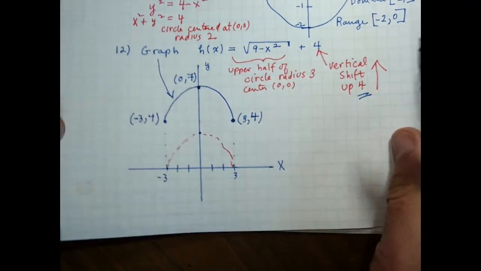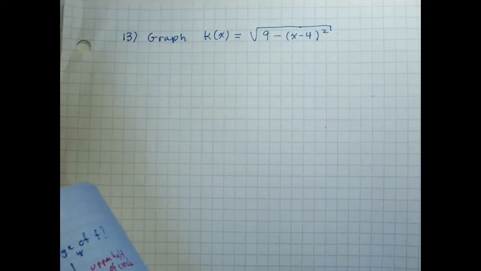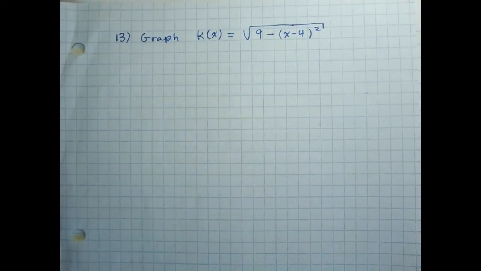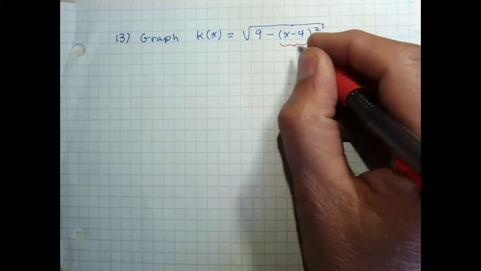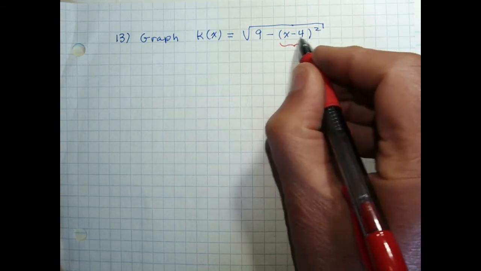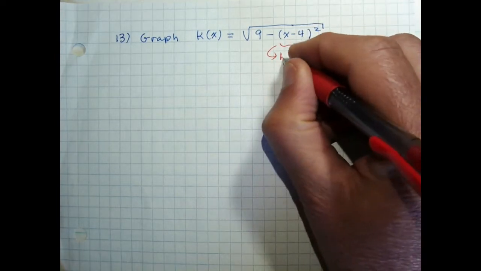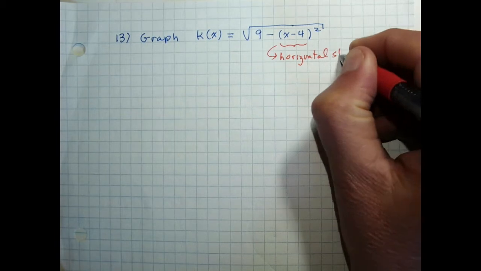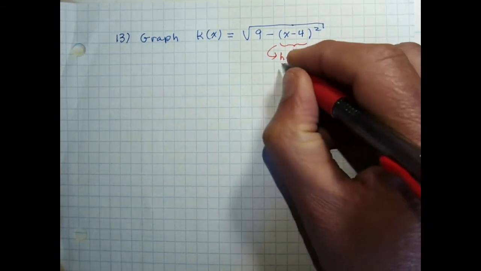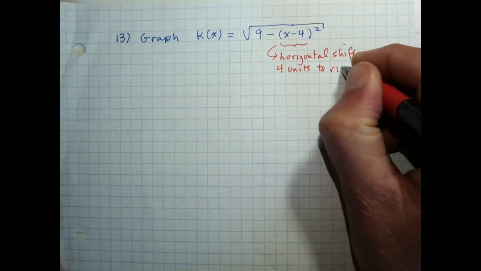We've got one more. And this is maybe the trickiest one of all, this k of x function. Can you see that because I have this x minus 4 inside parentheses, that's signaling a horizontal shift of 4 units to the right, right?